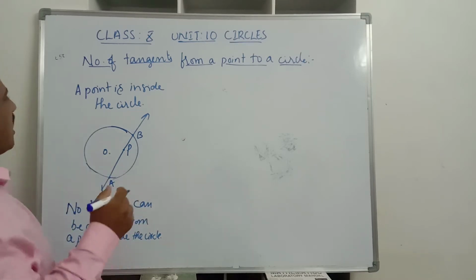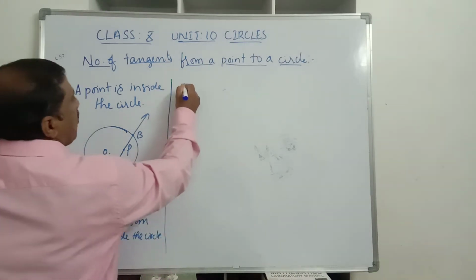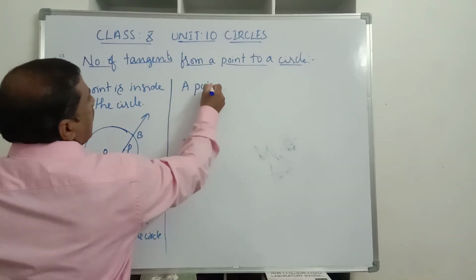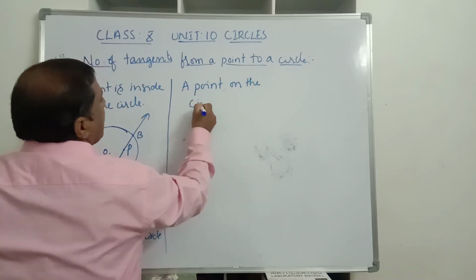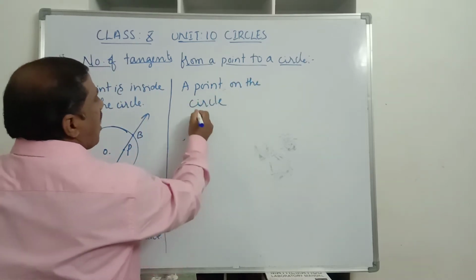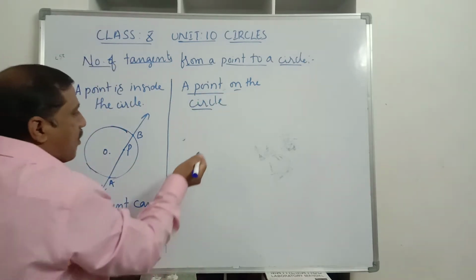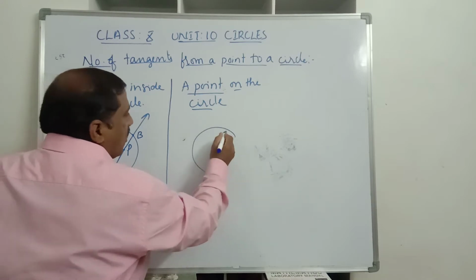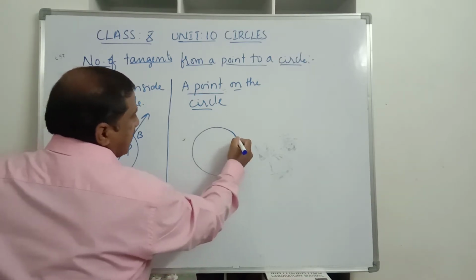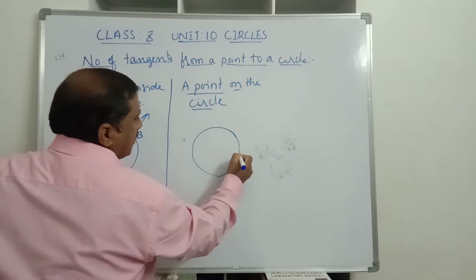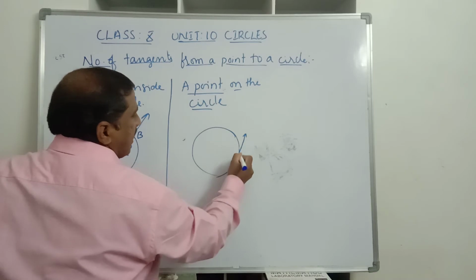Similarly, if a point is on the circle, how many tangents can we draw? We'll discuss now. Already it is discussed in the previous concept itself. So from a point on the circle, we can draw only one tangent. Let this be a point P on the circle, and through this we can draw only one tangent.